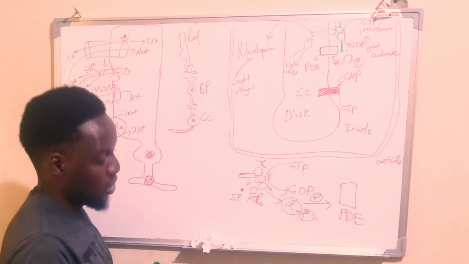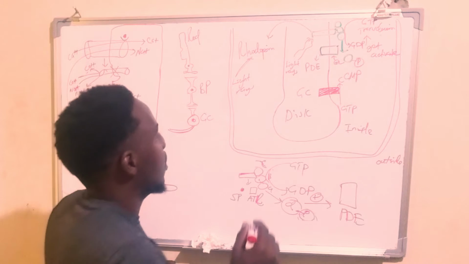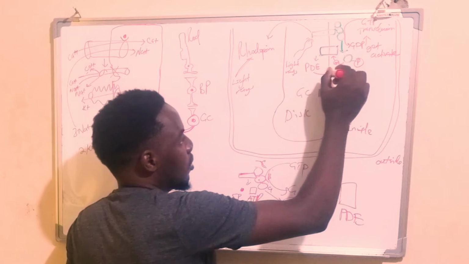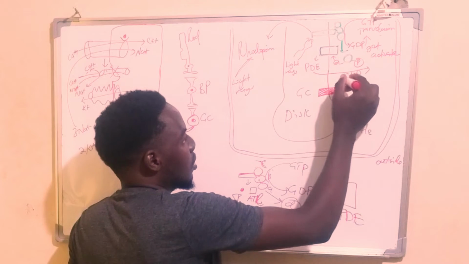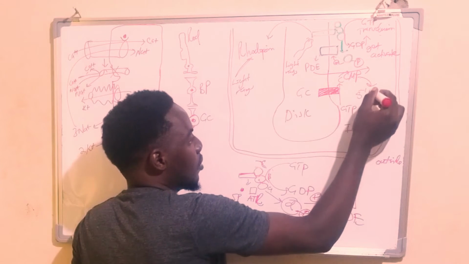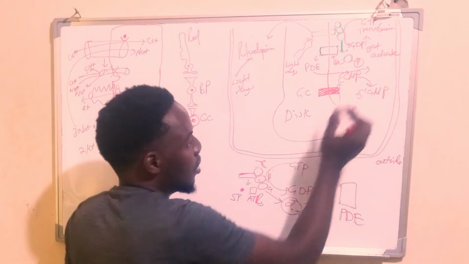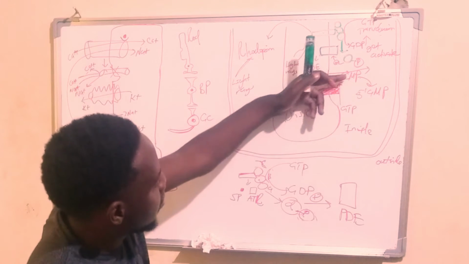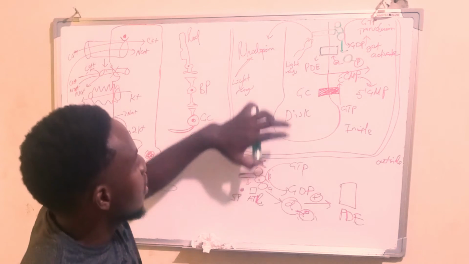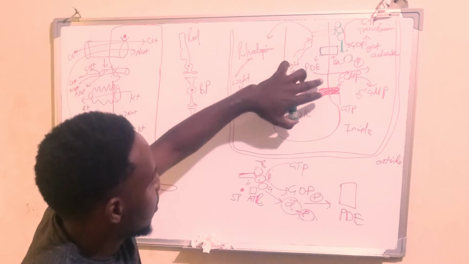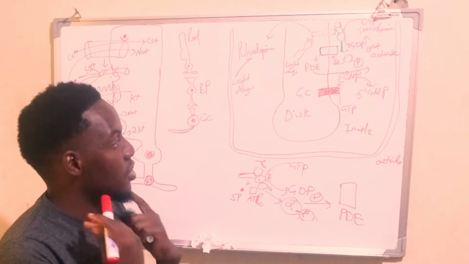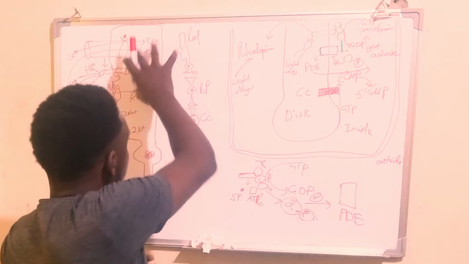When this phosphodiesterase enzyme is activated, it will convert cyclic guanosine monophosphate to 5' guanosine monophosphate. In other words, when this enzyme has been activated, it reduces the concentration of cyclic guanosine monophosphate inside this cell.